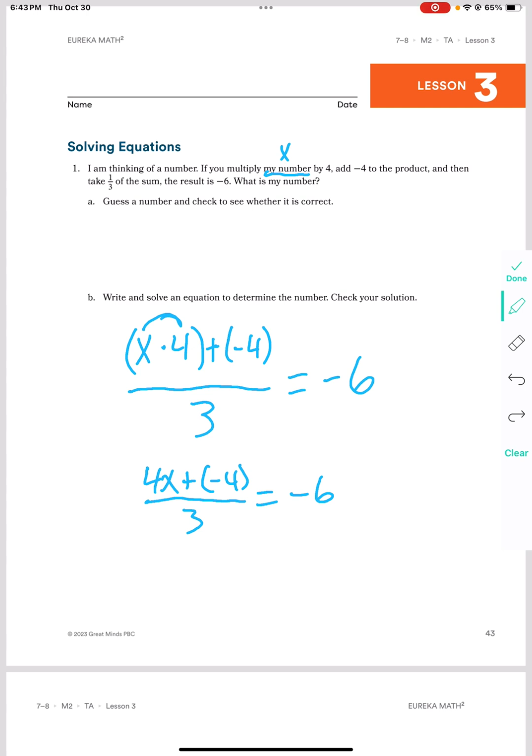I can move on. The next thing I need to do would be step 2, which would be to combine like terms. I don't have any like terms that I can combine on either side. So I can't really do that.